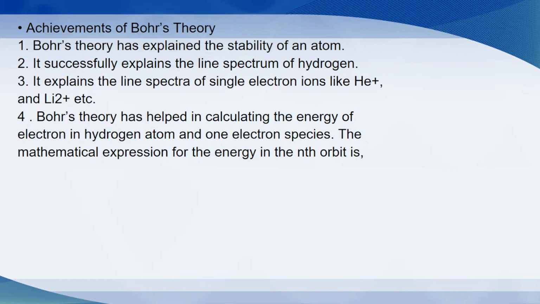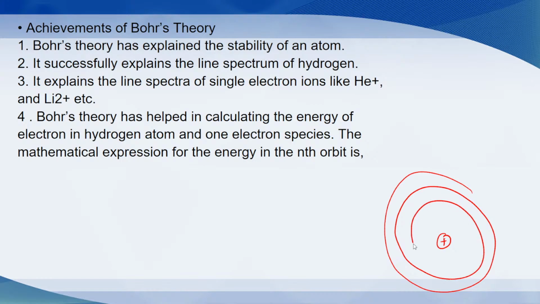It neither loses nor gains energy. According to electromagnetic wave theory, the electron should follow a spiral path and ultimately fall into the nucleus, and the time taken is only 10 raised to power minus 8 seconds, meaning the atom should be highly unstable. But the atom is stable. That could not be explained by Rutherford, but Bohr's theory has explained it successfully.